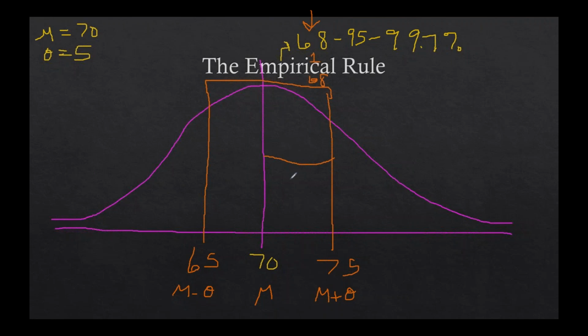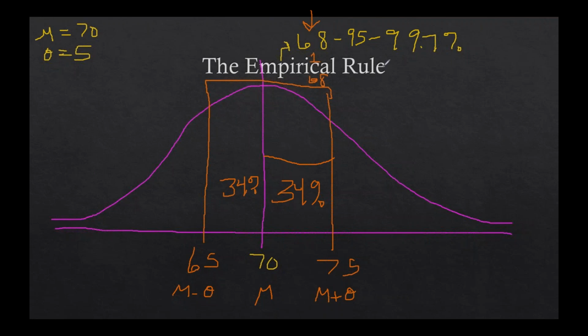If orange to orange is 68 and the pink cuts it directly in half, how much is left on just half of it? 34, exactly. So this is 34% and this side is 34%. So you could say, let's pretend these are test scores in a class. So 34% of students tested between a 70 and a 75. That's what this means. Okay.